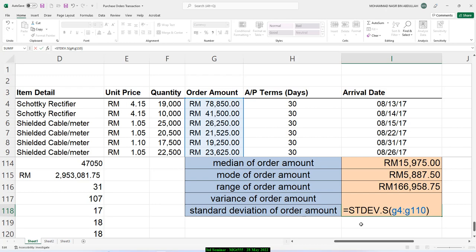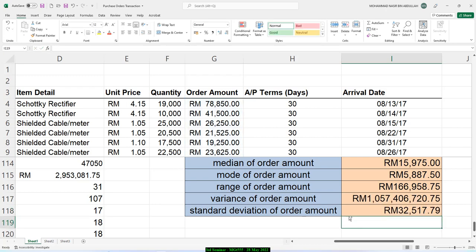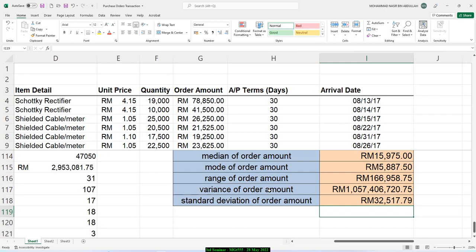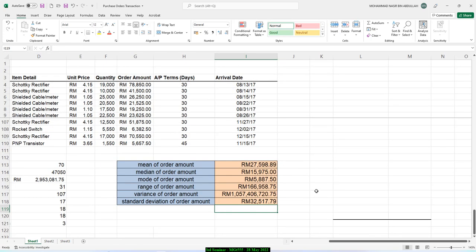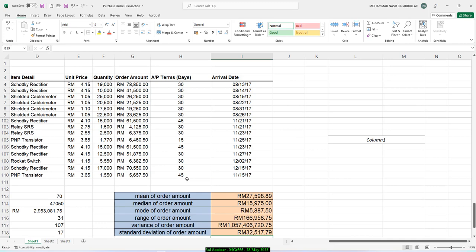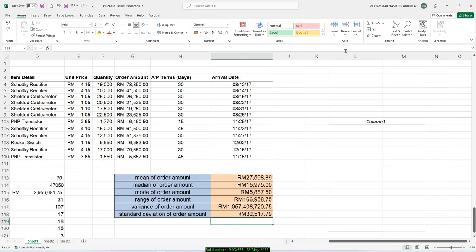So we will get a standard deviation. Sekali lagi, STDEV.S. This is a standard deviation for sample. And then we select the data. So this is a conventional way, right? But this is very good as well.